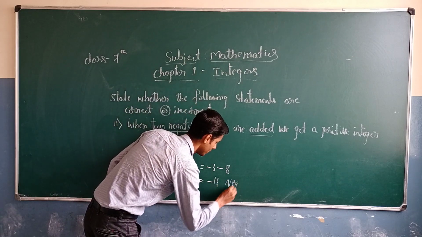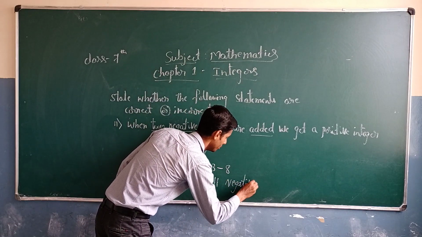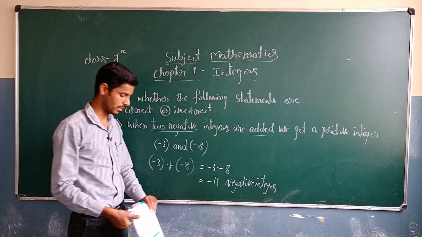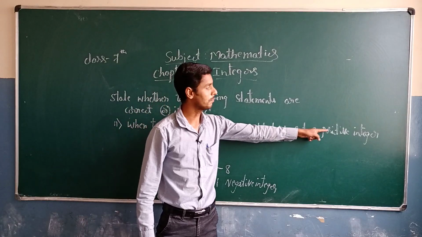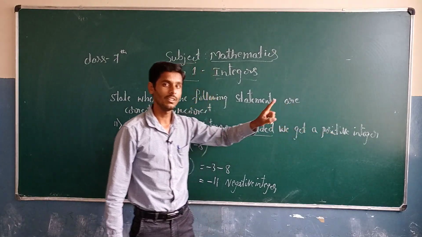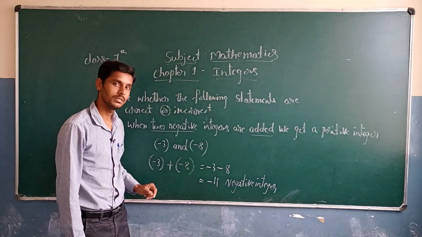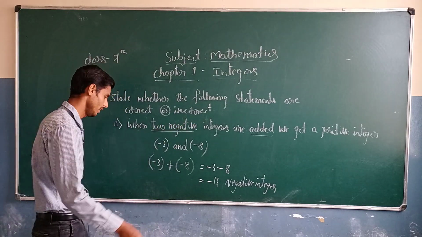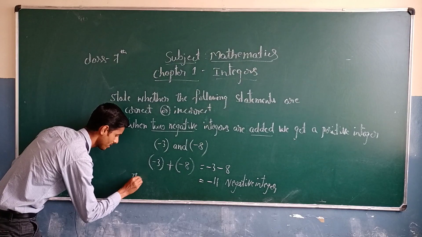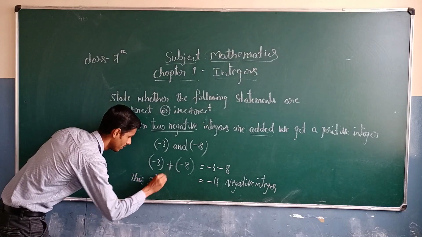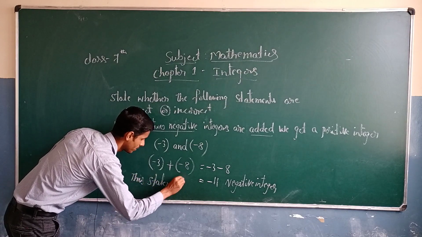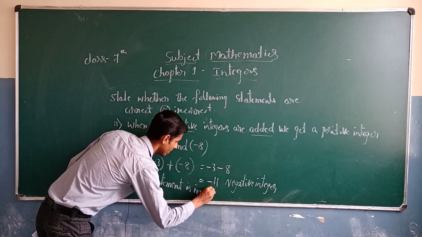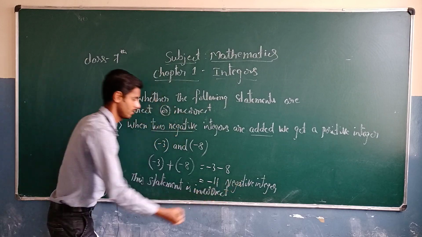When we add these two negative integers, we get a negative integer. But in this statement, it is given we get a positive integer. Therefore, this statement is incorrect.